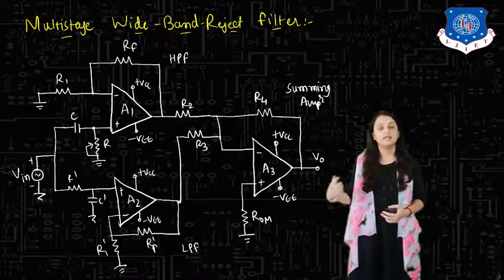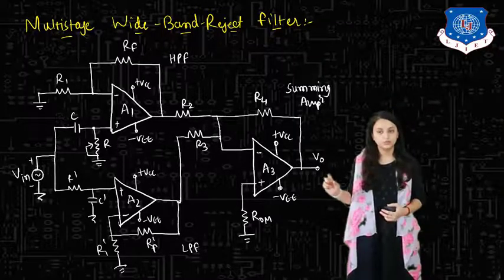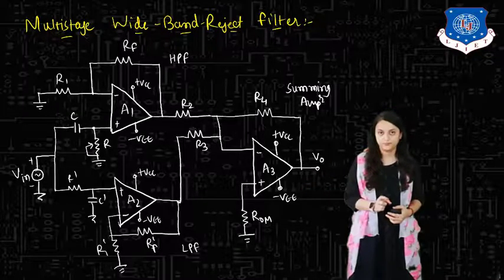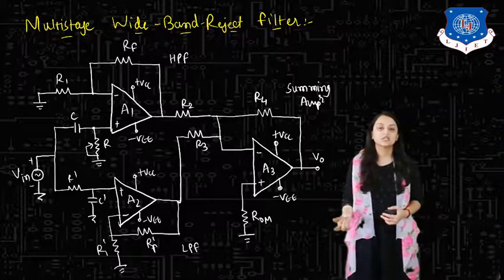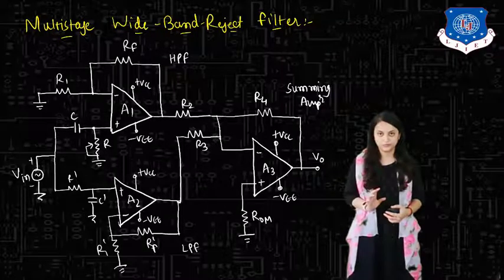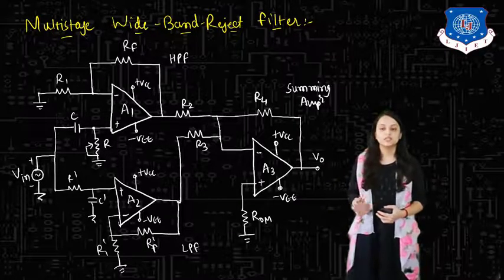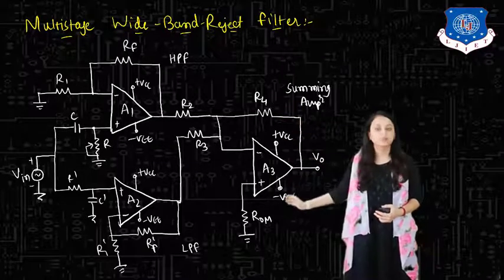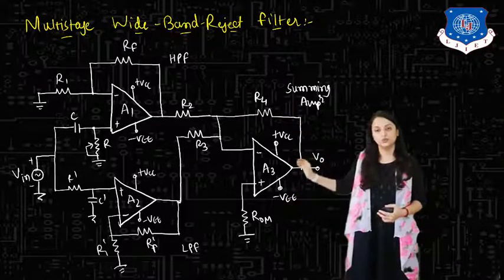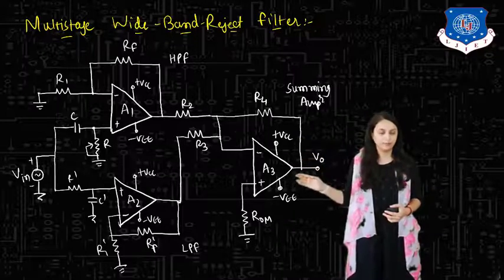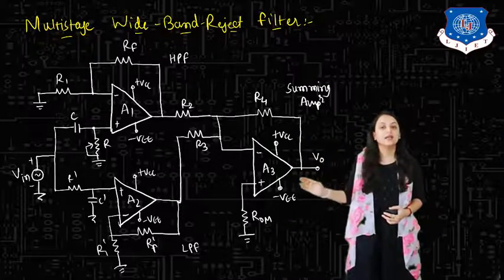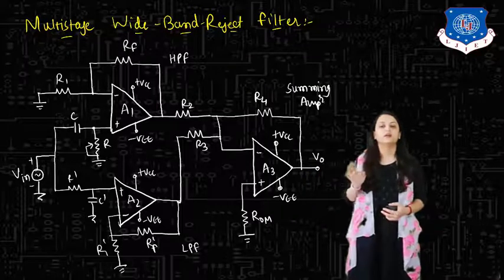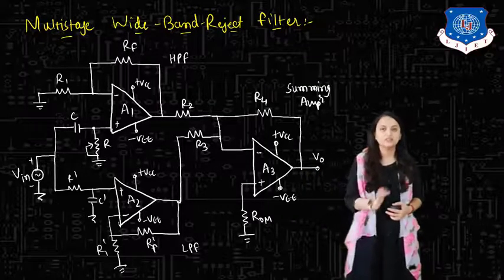If we look at the second, A2, the supply is directly connected to the resistance R dash, which means it gives a low pass filter configuration. So in the first stage, a combination of high pass and low pass filters is obtained, and the output of these two is given to the third op-amp A3, which will act as a summing amplifier to obtain the wide band reject configuration.